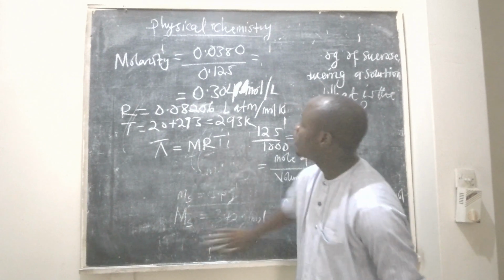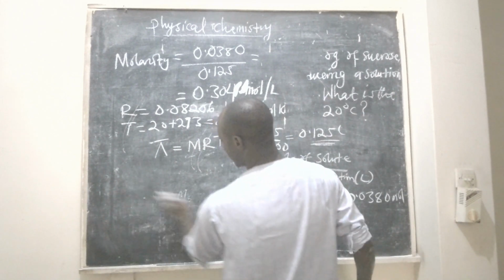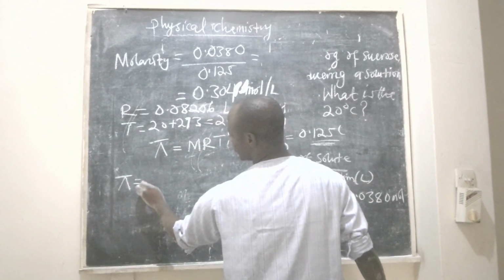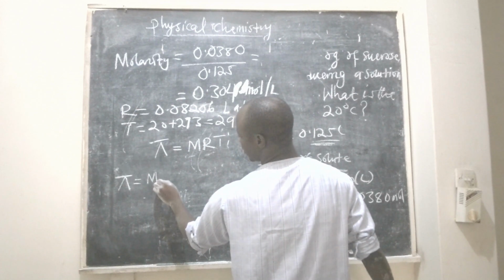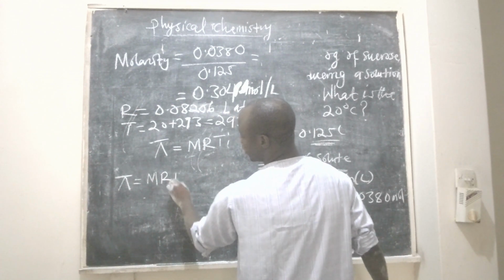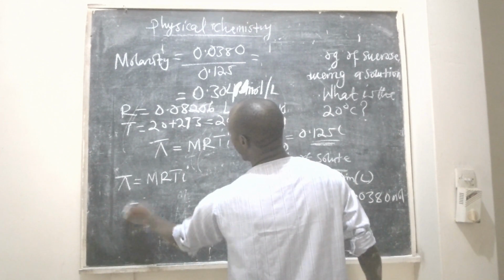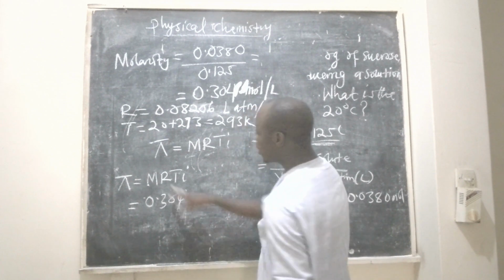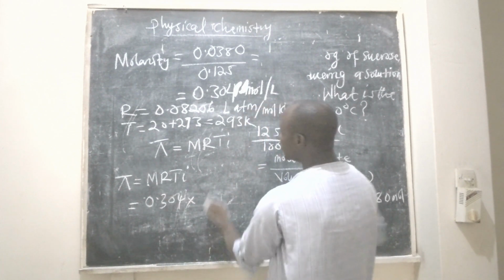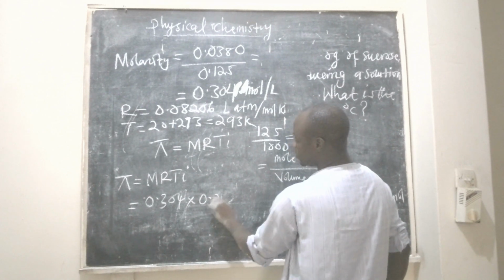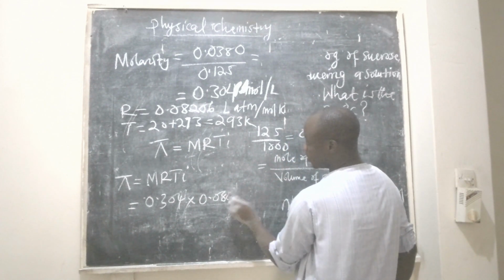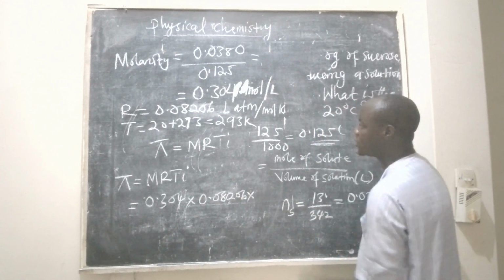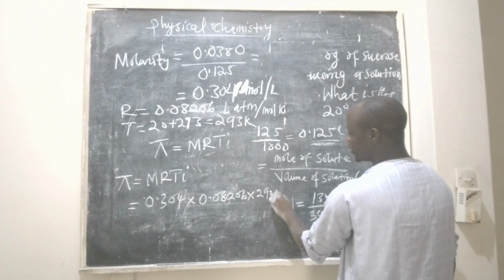So now we apply the formula, which says osmotic pressure is equal to i times M times R times T. So our M is 0.304 times R, and our R value is 0.0820 times our T. Our T is 293 Kelvin.